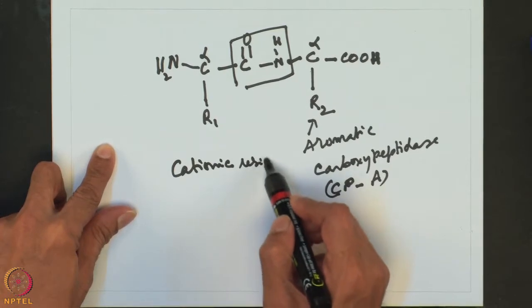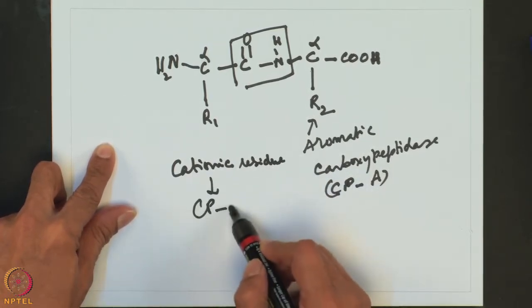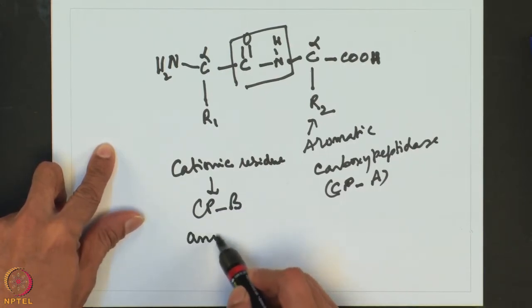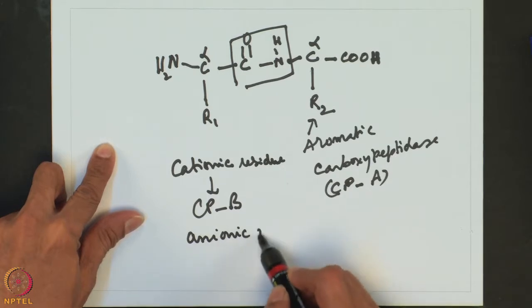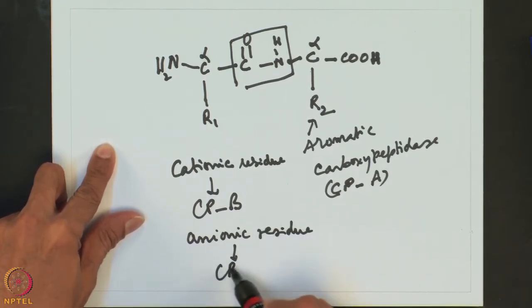residue as a neighbor, then this is CPB, and if you have an anionic residue, then it is CPC.